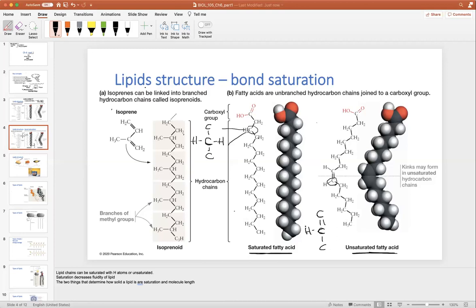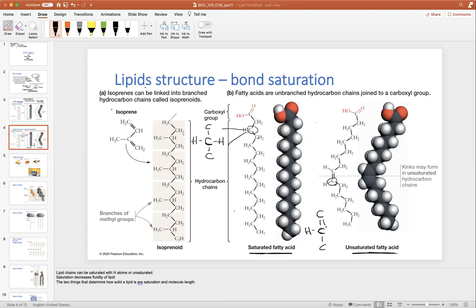Now it's still got 4 bonds, but it's only bound to 3 other atoms, right? So these two are sharing electrons. It's got a double bond, but only 3 atoms. It's not saturated. It's not participating with the maximum number of atoms that it could possibly interact with. So it's an unsaturated carbon atom, okay?